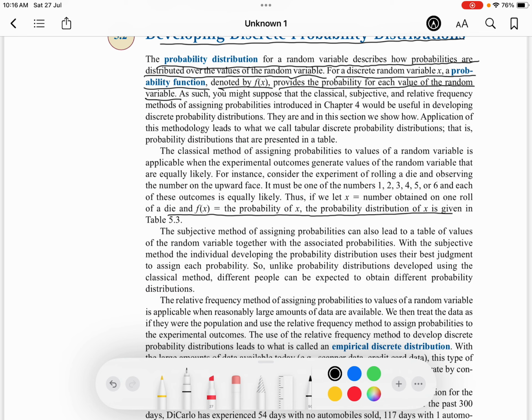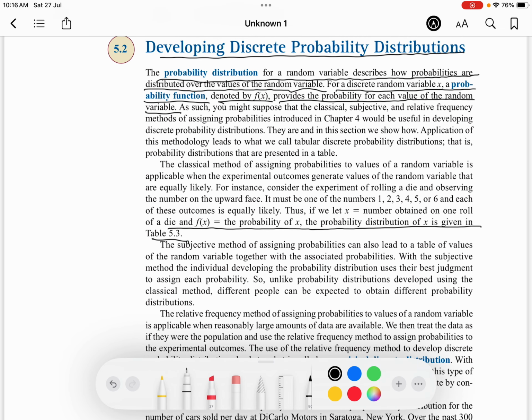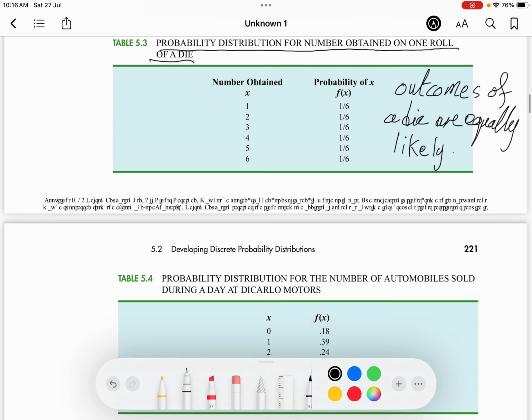The probability distribution of x is given in table 5.3. Probability denoted by f of x provides the probability for each value of a random variable. This is a symbol.